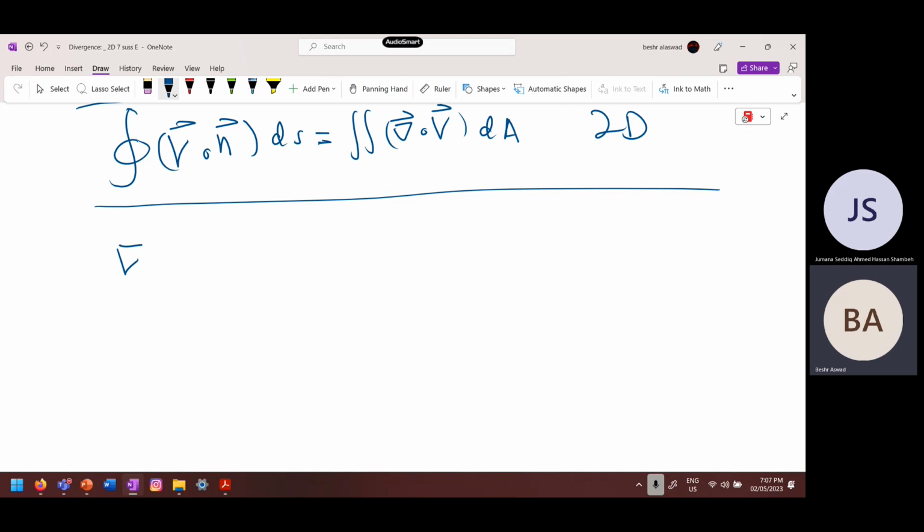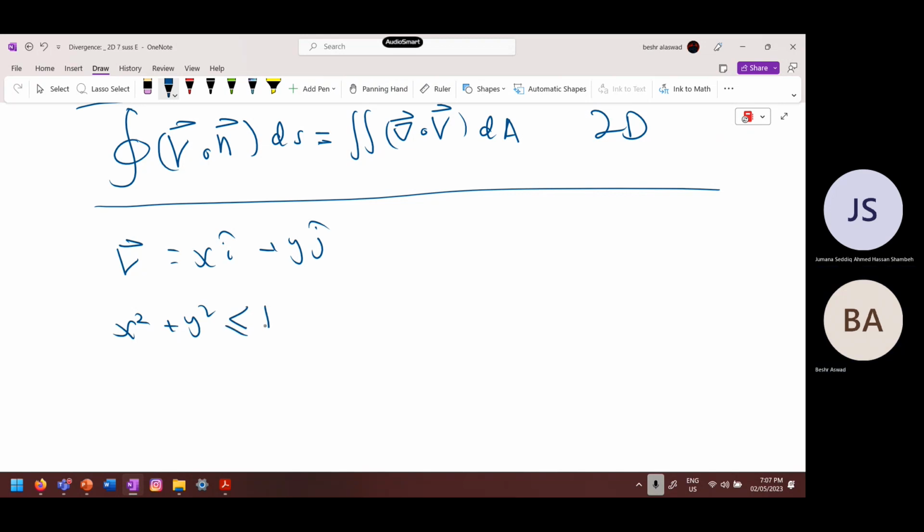You have the vector equal to x i hat plus y j hat, in an area that is enclosed in x squared plus y squared less or equal to 1.